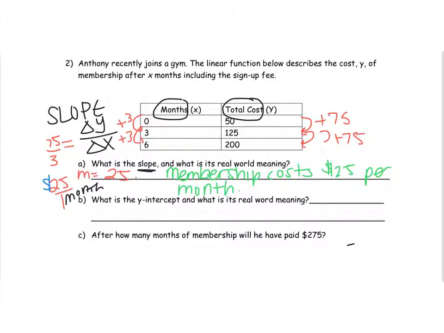Remember, the y-intercept is what you're starting with. So what is the initial sign-up fee? Well, if you look over here, it says for 0 months, we're still paying $50. So this is going to be our y-intercept. This is our initial value. Y-intercept is always your initial value, and this is going to be $50, and that is the sign-up fee.